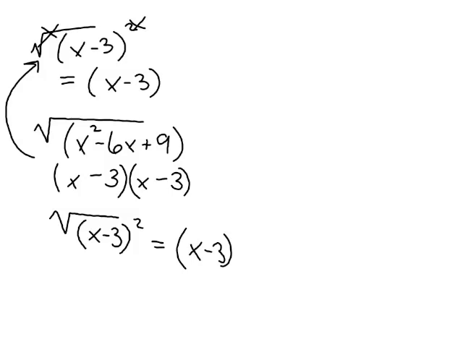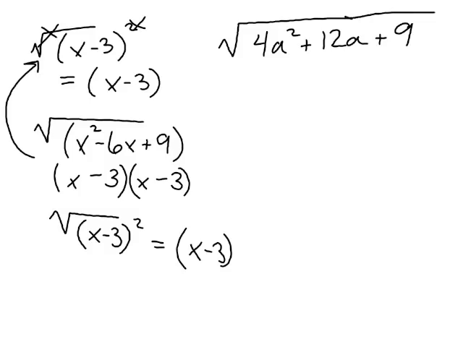How about this one? The square root of 4a squared plus 12a plus 9. And my square root sign covers it all. So we'll factor what's in there. So factors 2a and 2a and a 3 and a 3.